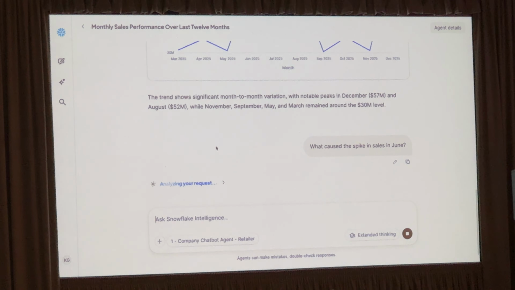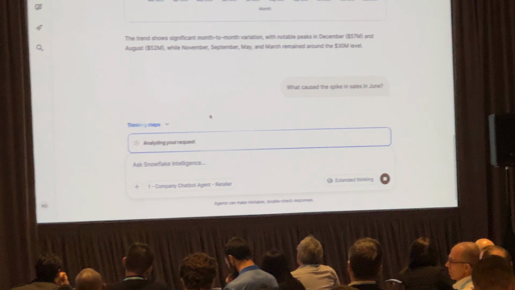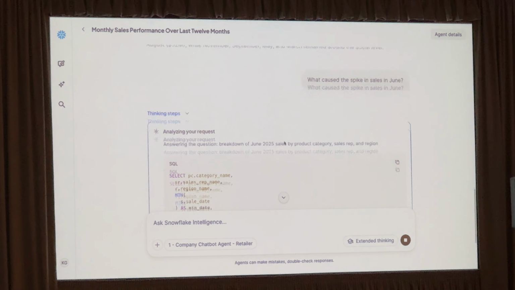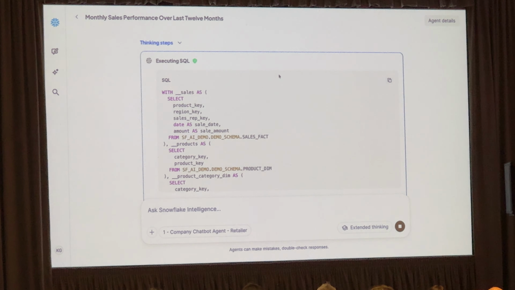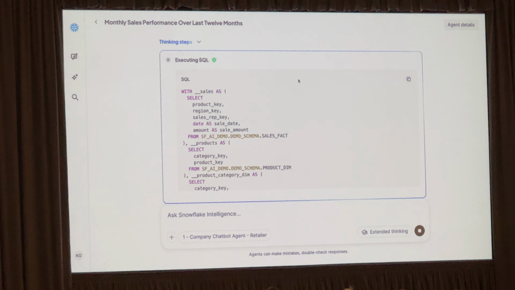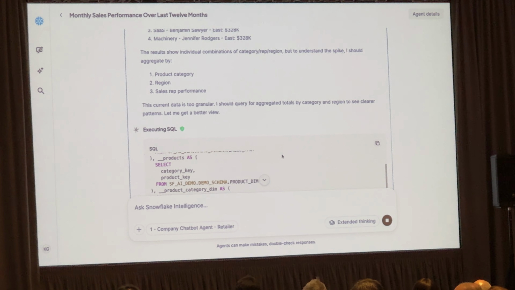So this is going to start to reason through this, and hopefully, since this is a live demo, one never knows, we're going to start by looking at the data. It's going to confirm that what I'm telling it to look into actually exists. The first thing it's probably going to do is confirm there was a spike in June. And now it's starting to analyze what was happening during that time, who was having more success.